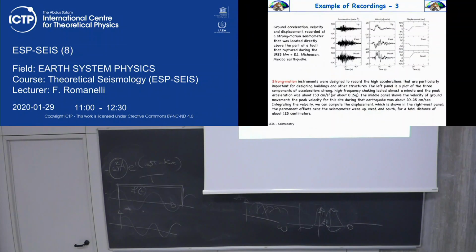And I love this one, even if it is a terrible signal, because this earthquake has been, unfortunately, very well studied: the Michoacan September 1985 event. Magnitude, we still do not know exactly what Mw is, but let's say it was a large earthquake. These are the recordings just near the source.